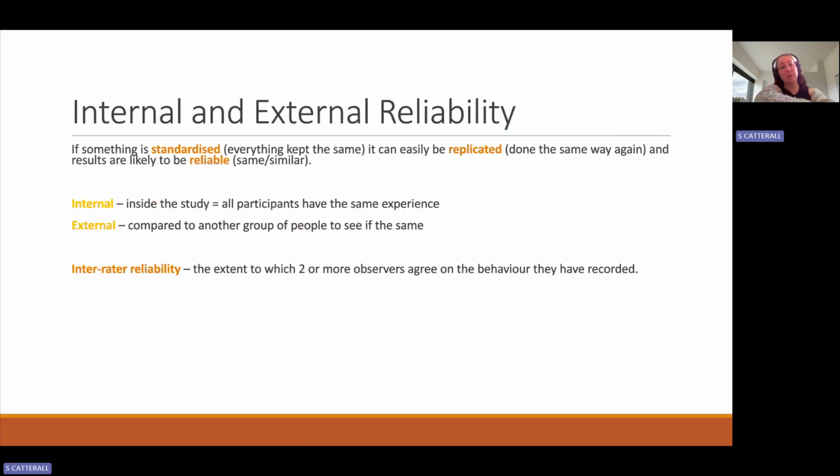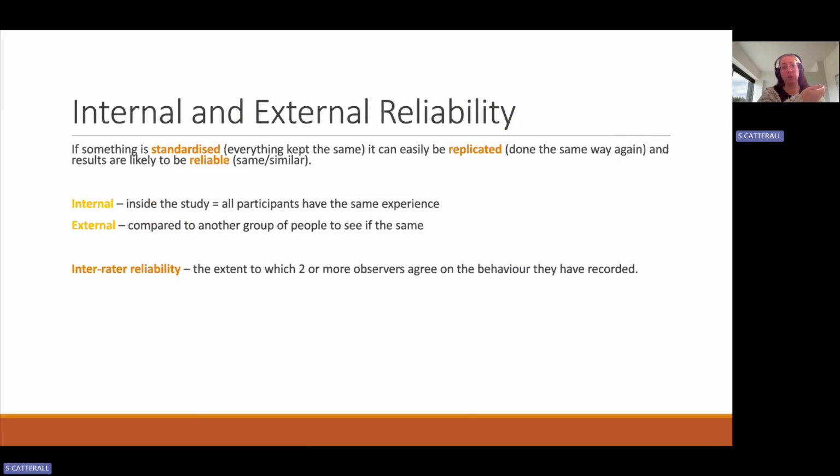The other type of reliability that you need to know for observations is inter-rater reliability, sometimes called inter-observer reliability. And what this is, is when you've got two or more observers that after they've observed, they compare their ratings to see if they agree. And the more they agree, the more inter-rater reliability there is. Whereas if they don't agree, then clearly the inter-rater reliability is low.